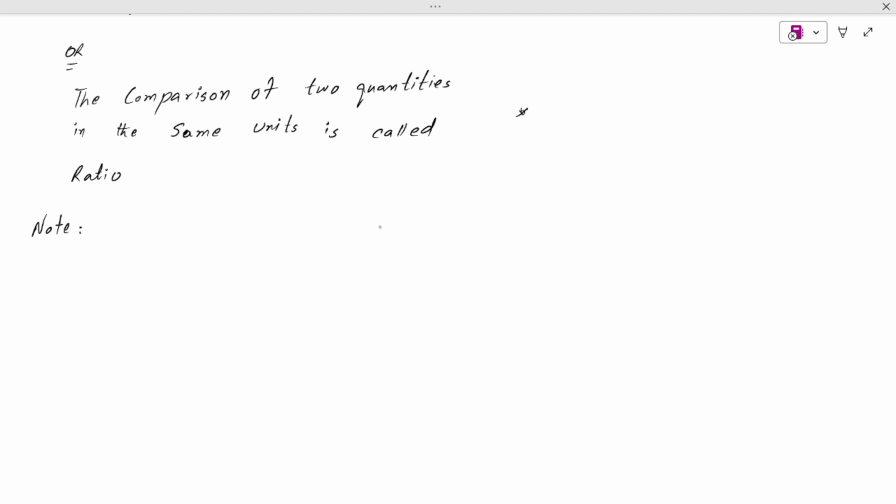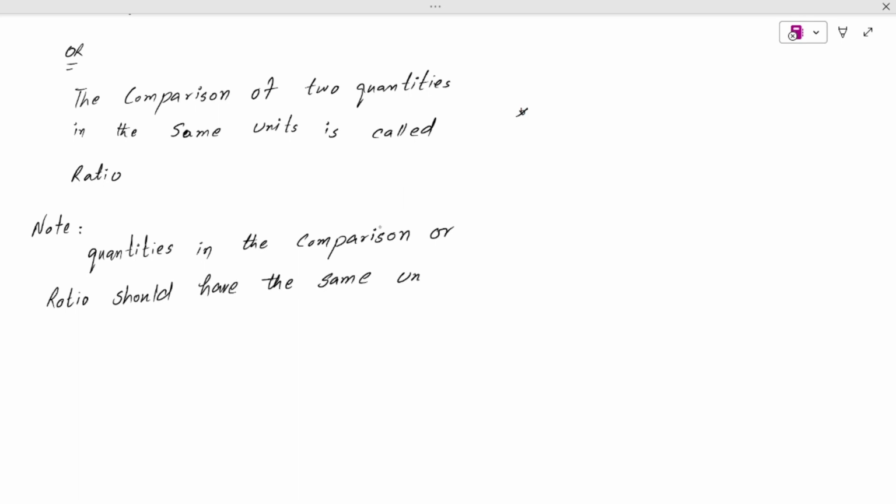Note: the quantities in the comparison or ratio should have the same units.